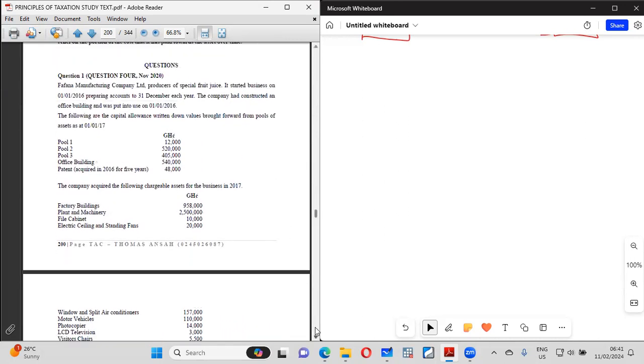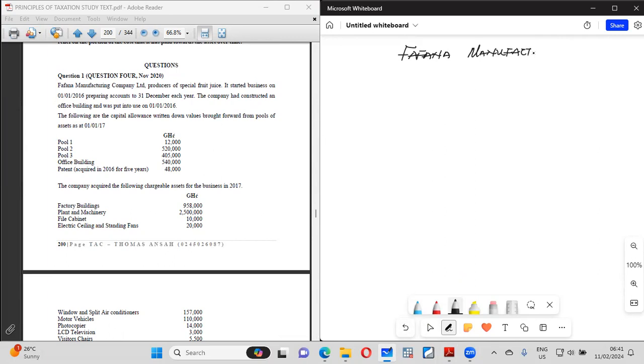So what do we do? What is the name of the company? We start. We have Fafana Manufacturing Company Limited. And we've been asked to compute capital allowance.